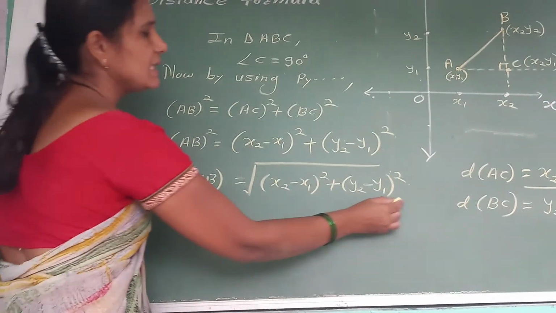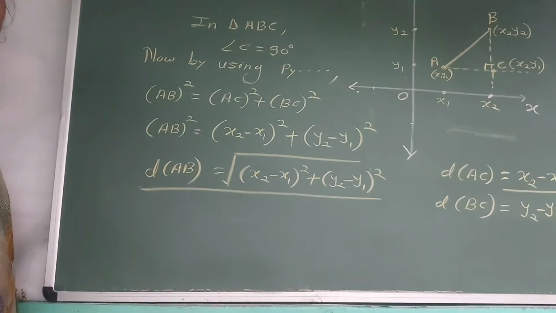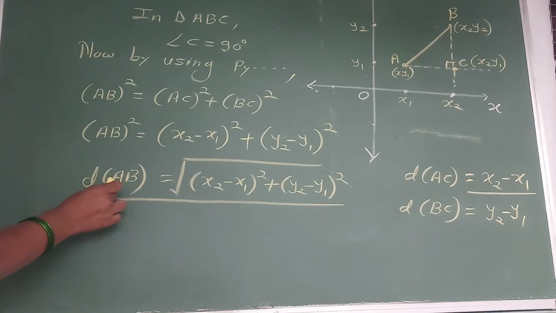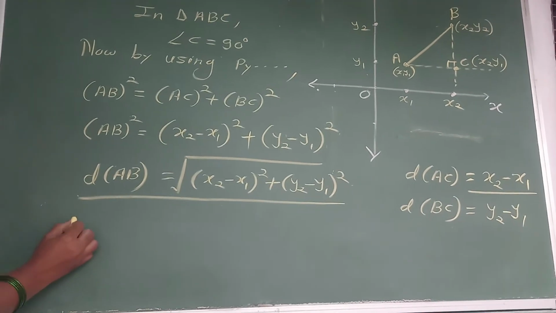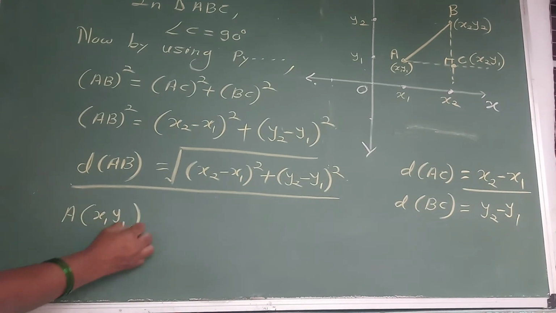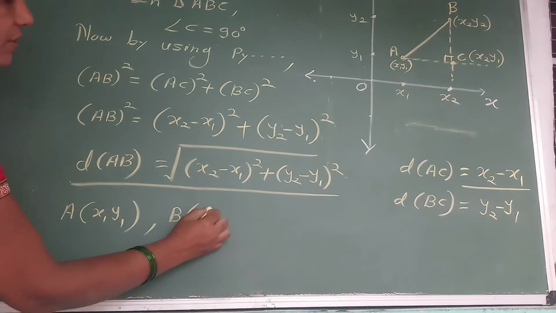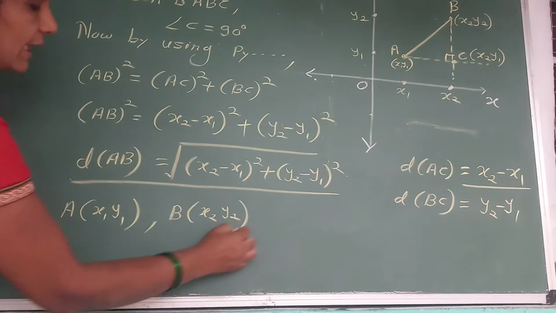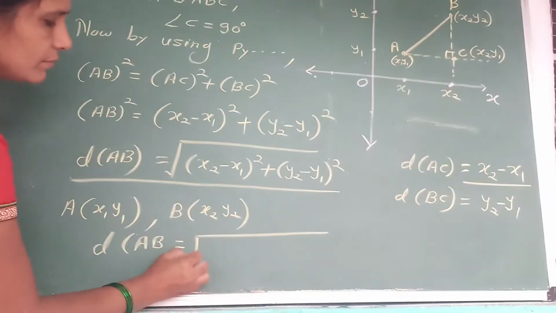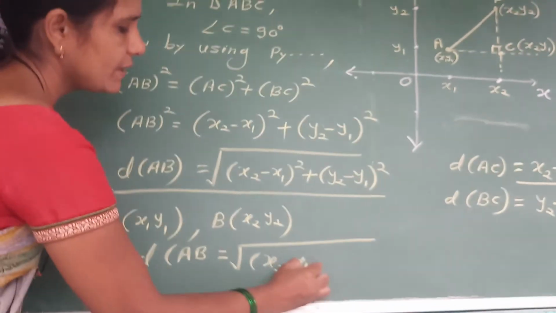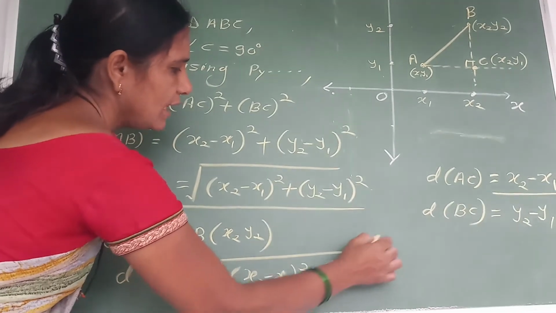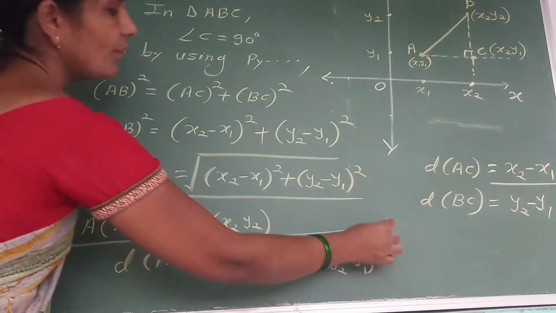And this is our distance formula. If x and y coordinates are given, for point A the coordinates are x1, y1, for B, x2, y2, then distance AB is equal to under root (x2 minus x1) bracket square plus (y2 minus y1) bracket square, and this is our distance formula.